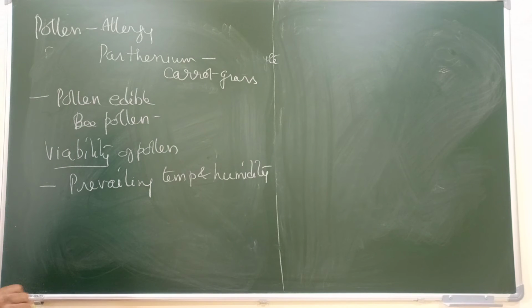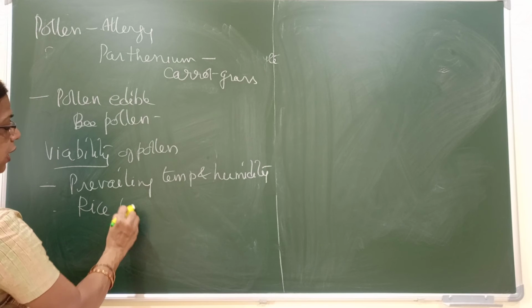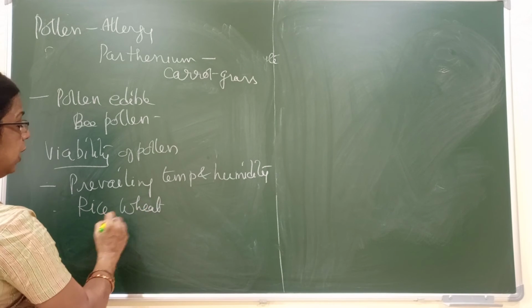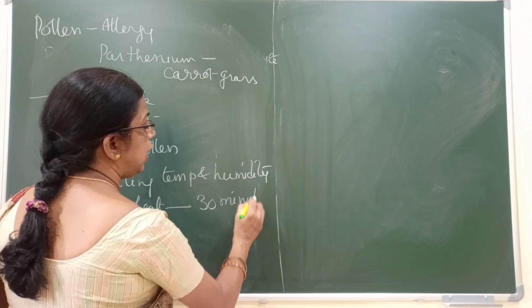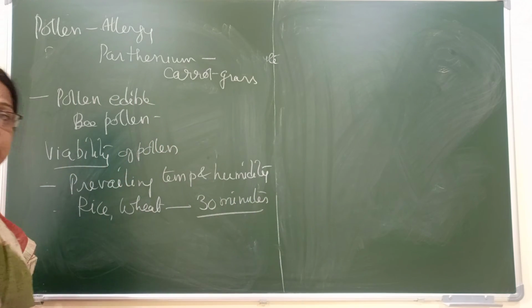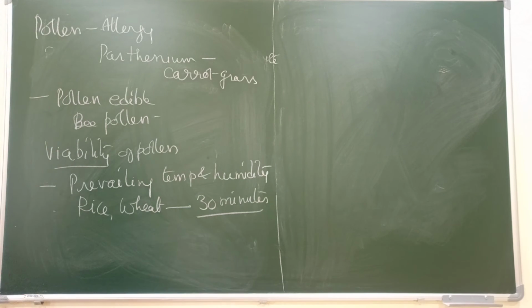And it differs from one plant to another. For example, in cereals such as rice and wheat, the viability is only about 30 minutes after release.